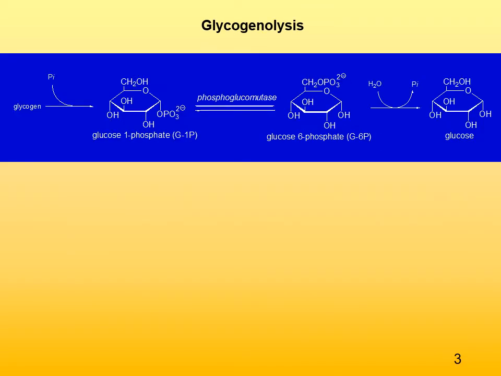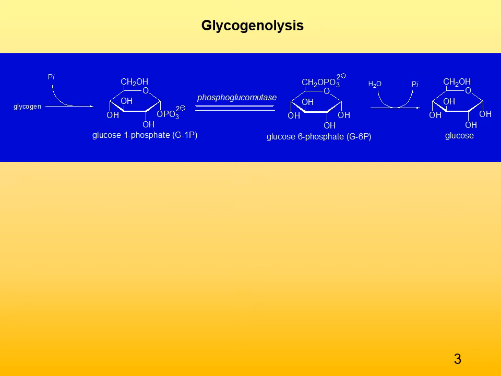In the opposite process, glycogenolysis, glycogen is phosphorylated at terminal molecules of glucose. The end molecules of glucose are phosphorylated and then they are released as glucose 1-phosphate. Then enzyme phosphoglucomutase, that you have already seen just a minute ago as enzyme involved in glycogenesis, the same enzyme isomerizes glucose 1-phosphate into glucose 6-phosphate.